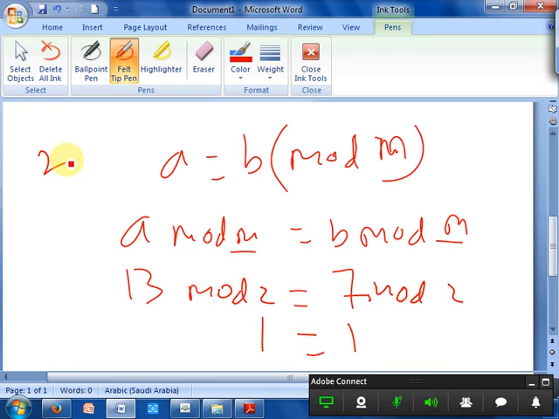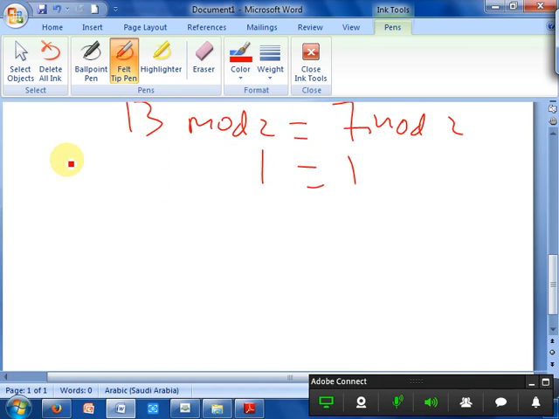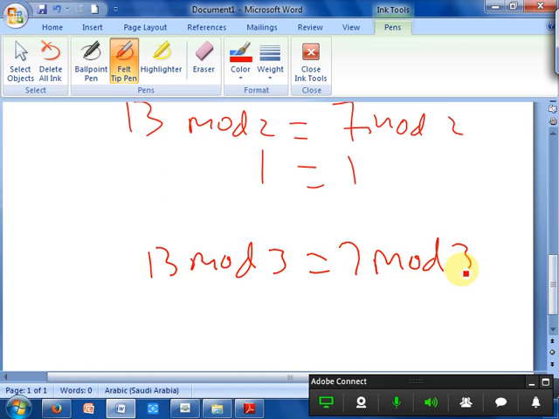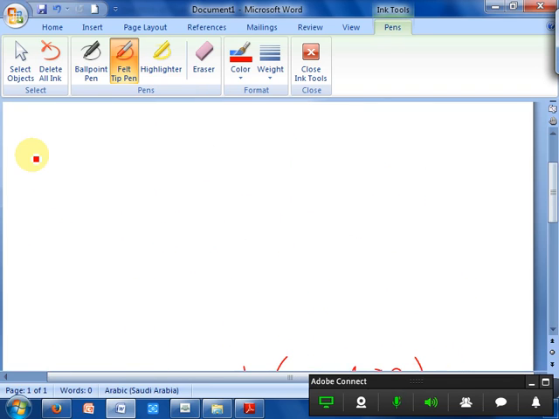Then again you check for 3: 13 mod 3 and 7 mod 3, both 1. So you take 3. Now 2 then 3, then you go for 4.